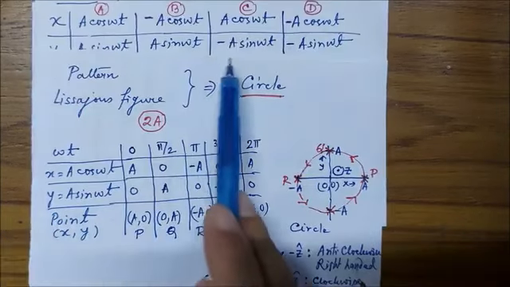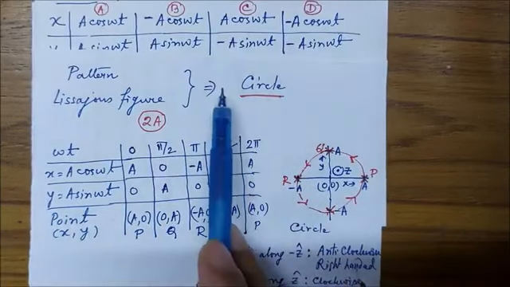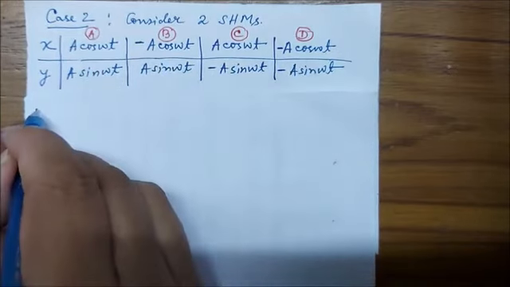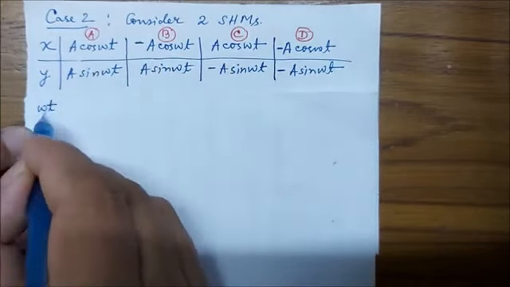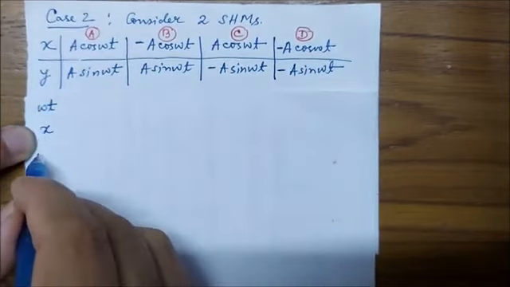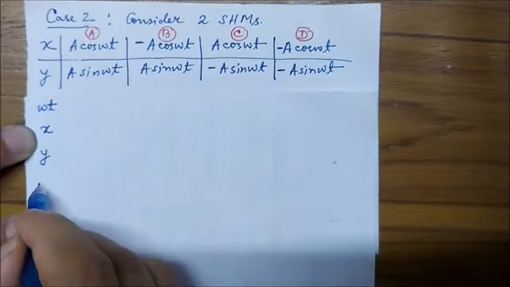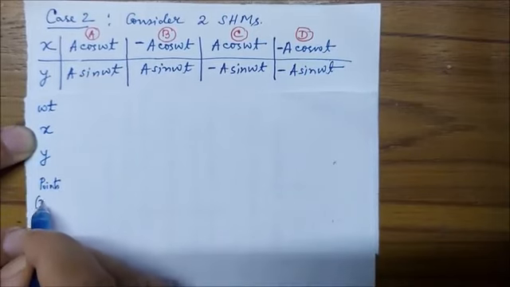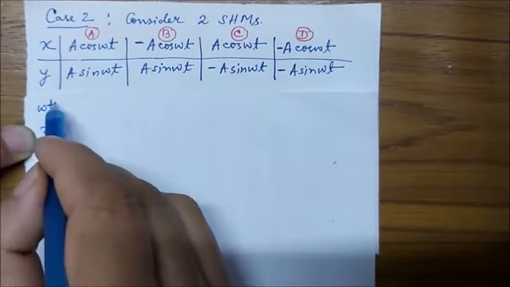Now what about the other circles? That we will do now. Now these are the 4 cases. We will plot omega t. This is x, this is y, and these are the points x and y.